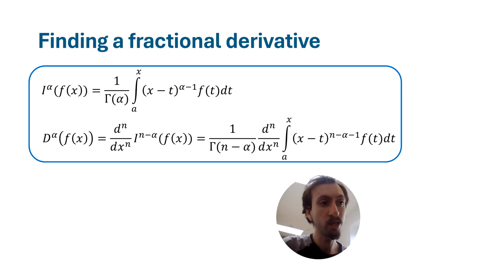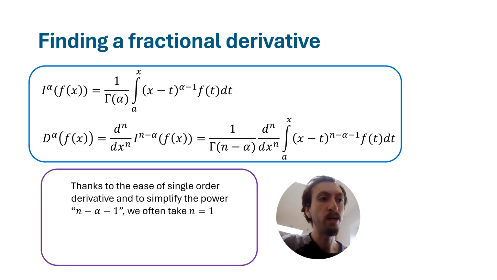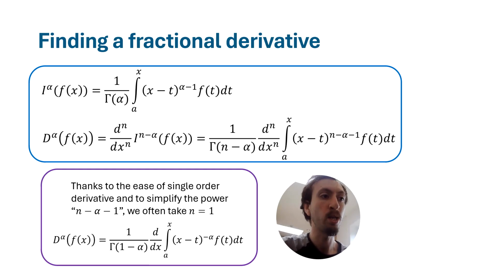Now for simplicity, due to higher order derivatives being complicated and due to wanting to make the power n minus alpha minus 1 as simple as we can, we generally pick n equals 1, leaving us with this lovely expression for an alpha order derivative, where again alpha doesn't have to be an integer, alpha is now allowed to be a fraction.